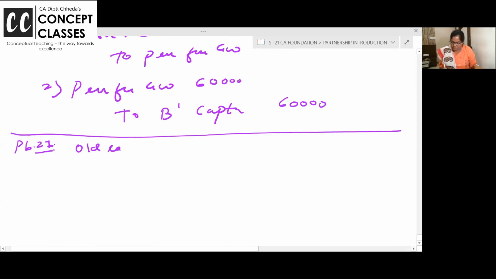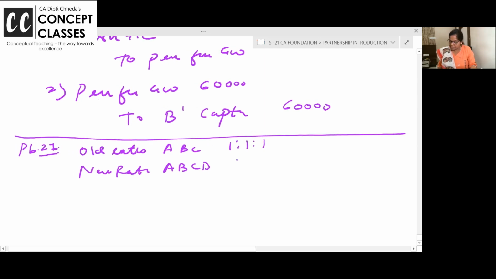Old ratio for A, B and C. What is the old ratio? Equal, 1:1:1. New ratio, A, B, C and D, is given: 3:3:2:2.